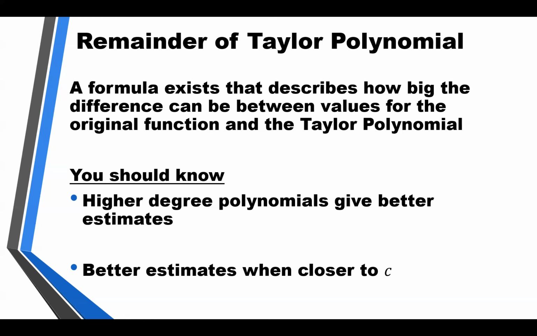So a degree 5 Taylor polynomial will give a better estimate than a degree 3 Taylor polynomial at the same value. Again, this is in general. And a degree 7 Taylor polynomial will generally have a better estimate than a degree 5 Taylor polynomial. So higher degree polynomials generally give better estimates, again, assuming we're plugging in the same values.